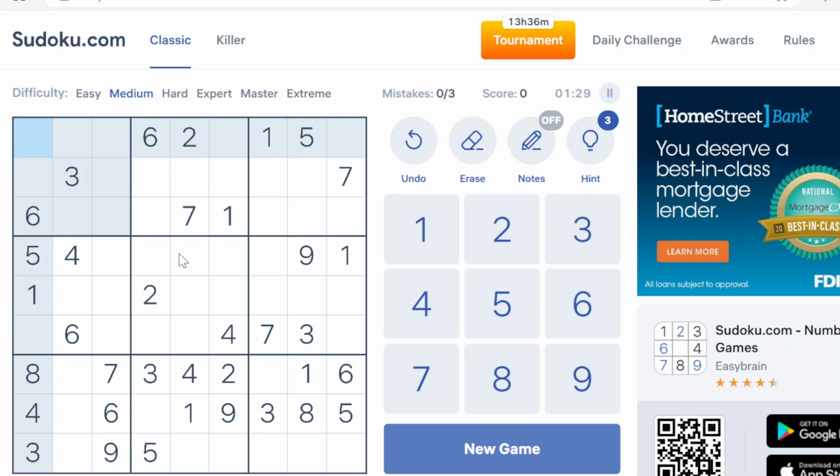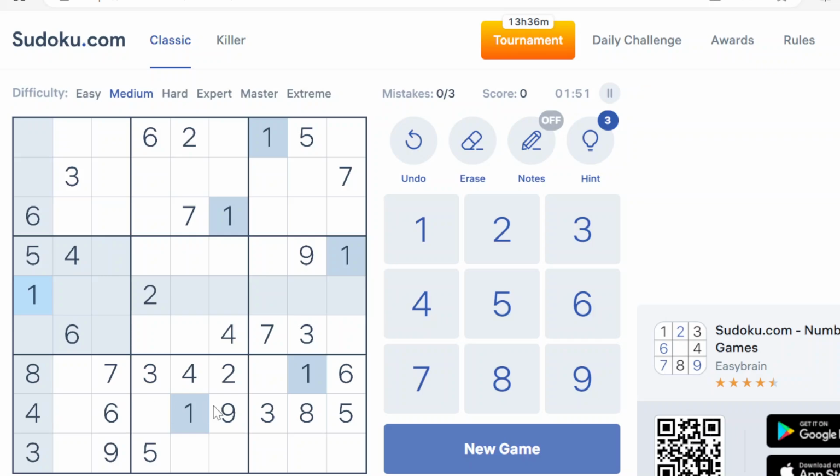And so one strategy that I have is I look at numbers that appear frequently in a lot of the squares, and then I try to see where they can go in squares that they're not already inside. So for instance, the number 1 is already in, let's see, 6 squares.